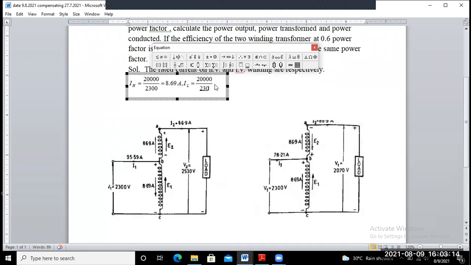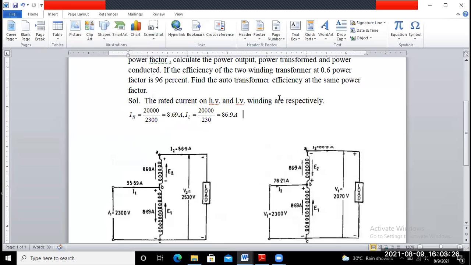So it becomes nothing but 86.9 ampere. That means the low voltage side current.